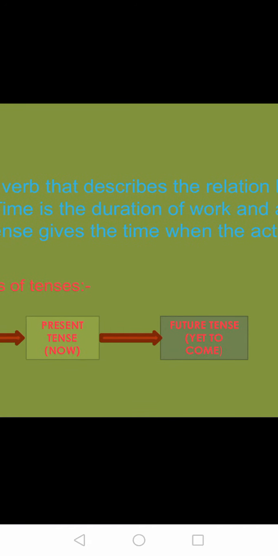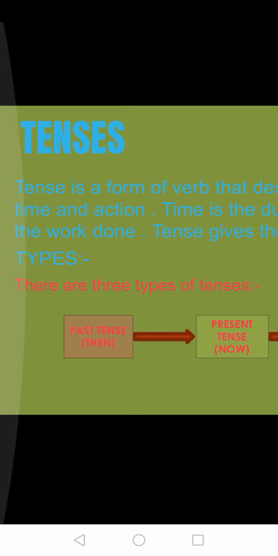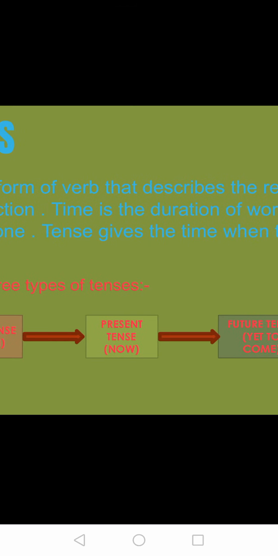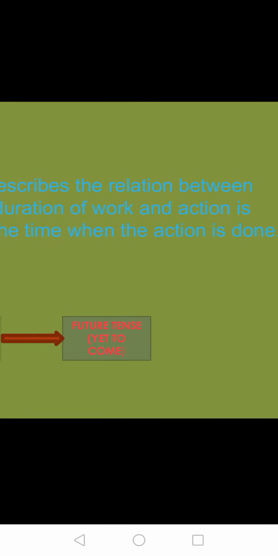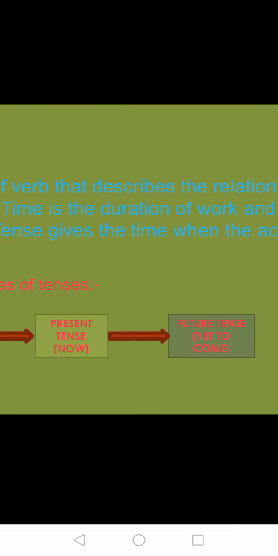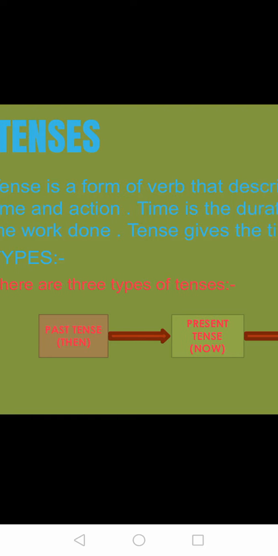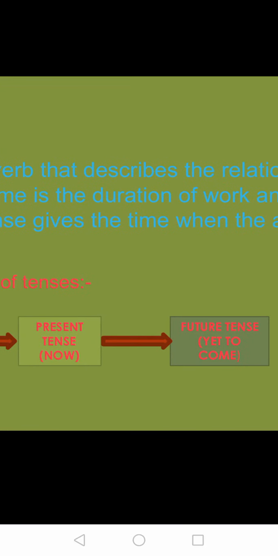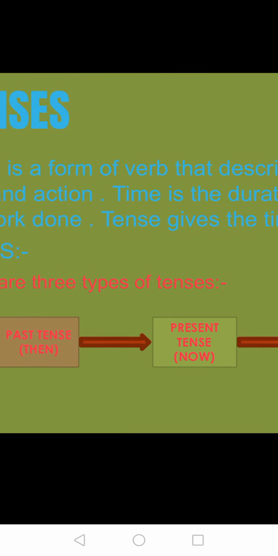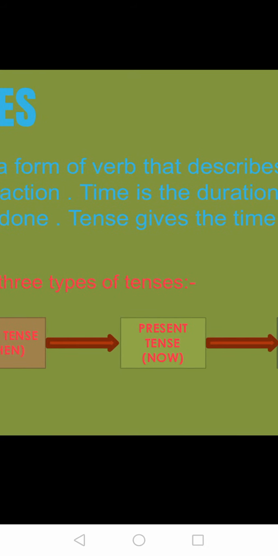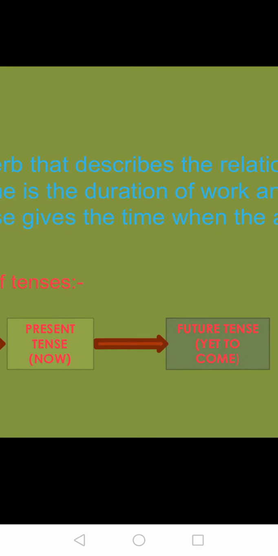Time is the duration of work and action is the work done. Tense gives the time when the action is done. There are three types of tenses: past tense, present tense, and future tense. Past tense means then, present tense is now, and future tense yet to come.